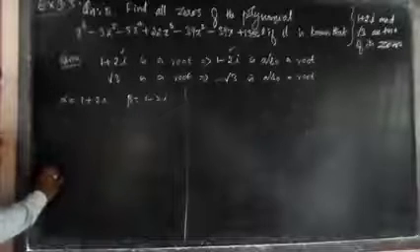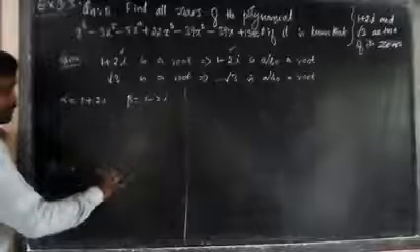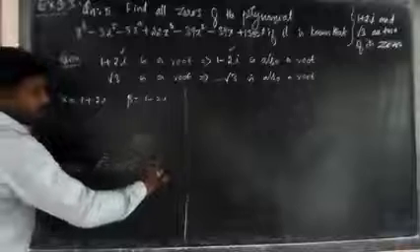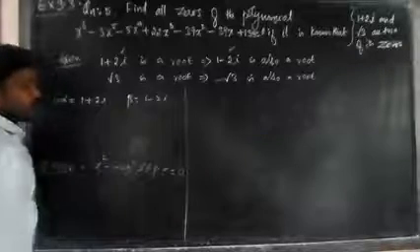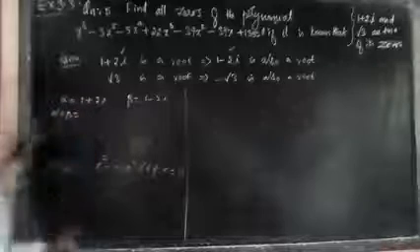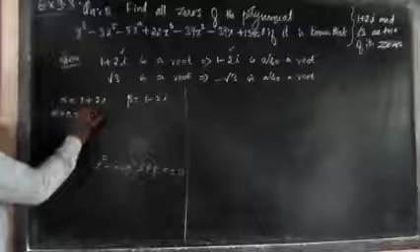The quadratic equation is x square minus sum of the roots times x plus product of the roots is equal to 0. Sum of the roots, alpha plus beta: 2i and minus 2i cancel, 1 plus 1 is 2.